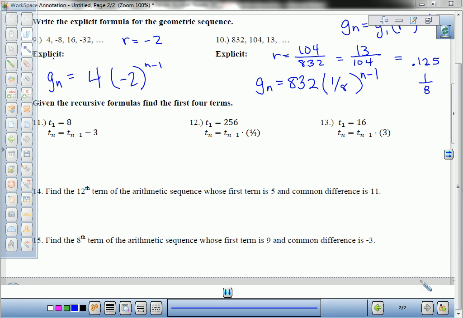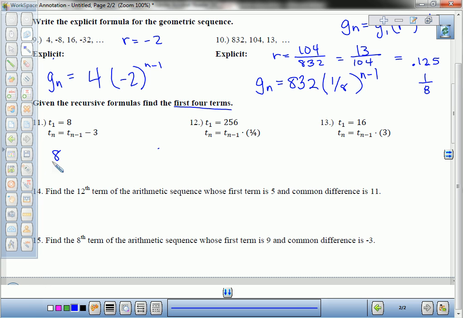Now, recursive formulas for geometric and arithmetic, I'm not as fond of because they're not as helpful, but we can list the first couple of terms. So a recursive formula always gives you the first term. The first term is this.